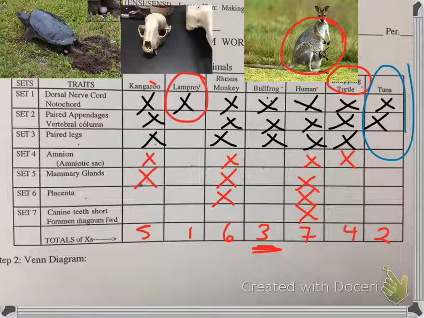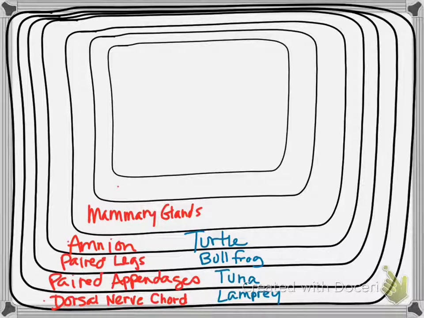So what would have mammary glands, amnion, paired legs, paired appendages, and a dorsal nerve cord, but not a placenta or short canines? Kangaroos. Meaning that some ancestor of the kangaroo had an amnion, had paired legs, had paired appendages, had a dorsal nerve cord.